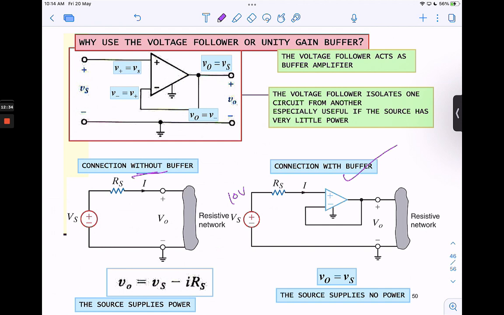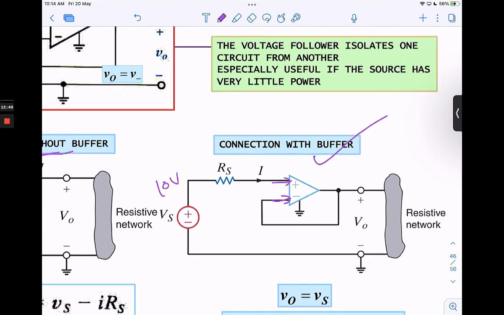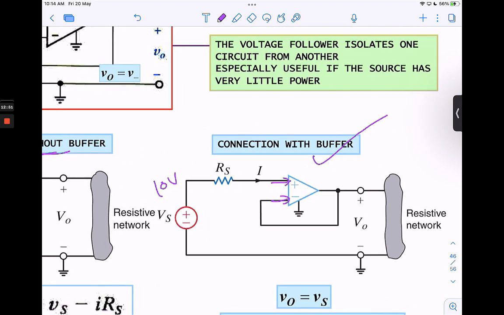We know that the current across the input of the amplifier equals 0, because ideally there will be no current passing through the input of the amplifier, meaning that I equals 0.